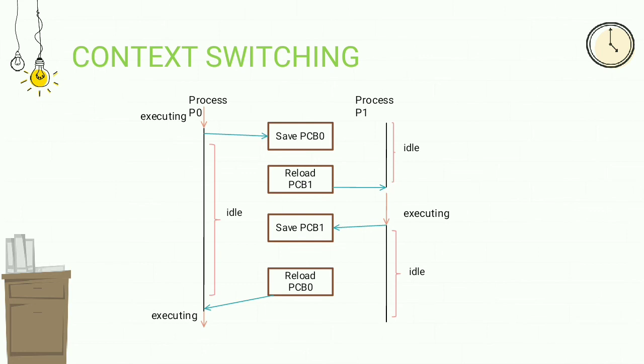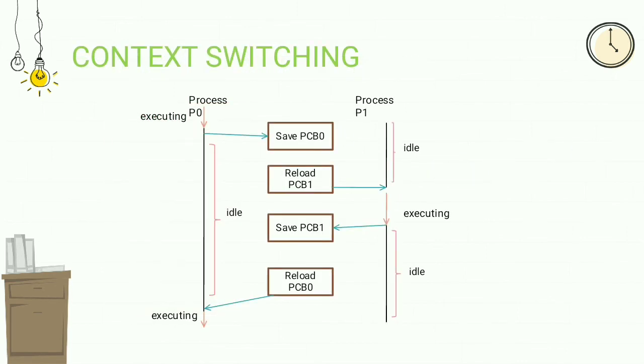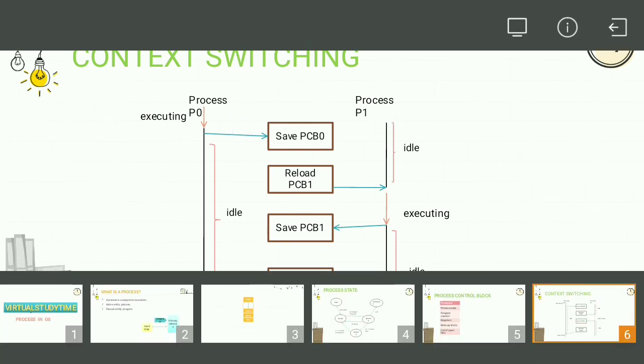In a system with multi-programming, there will be multiple programs executing, but the CPU will be frequently switching among the processes. Here we can see a simple scenario. The process P0 is executing. Then an interrupt or input output event occurs, and there is a context switch from the process P0 to P1.